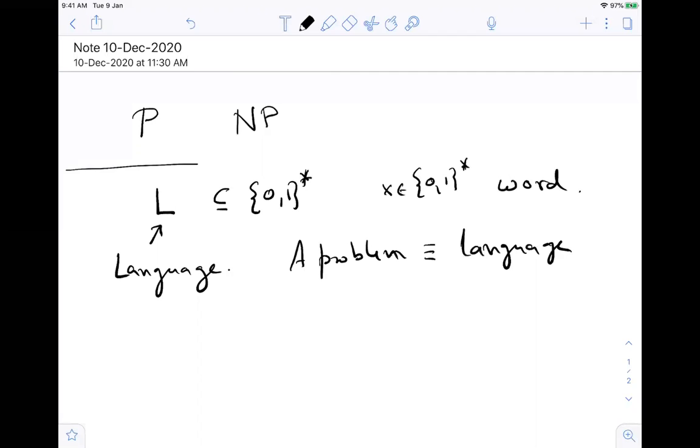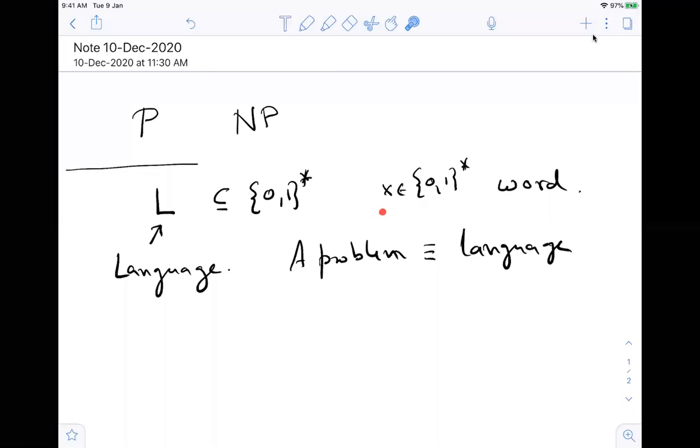So you have the universe {0,1}*. I hope you guys are not confusing {0,1}*, right? I mean {0,1}* is all strings of 0, 1. I am not defining a particular length.